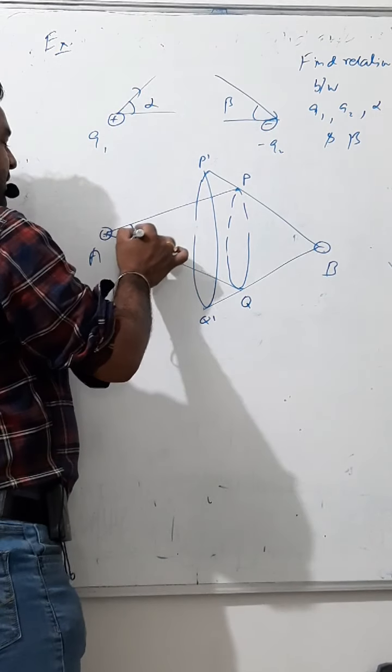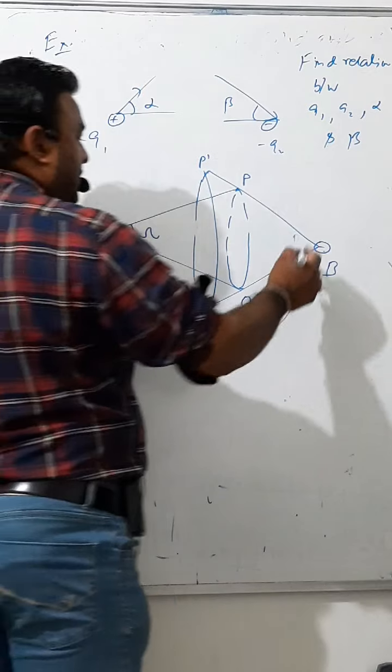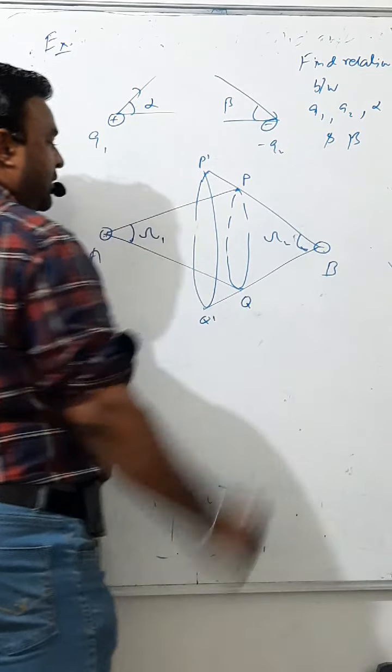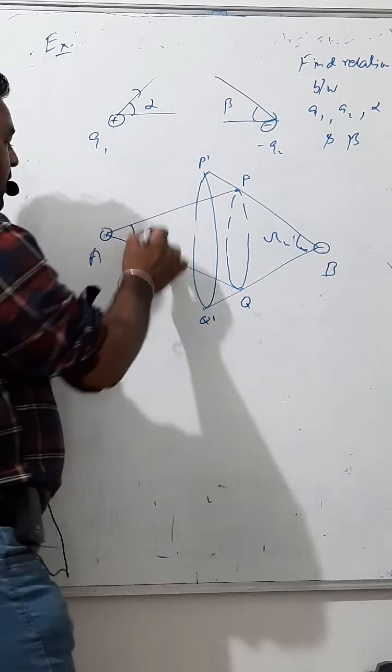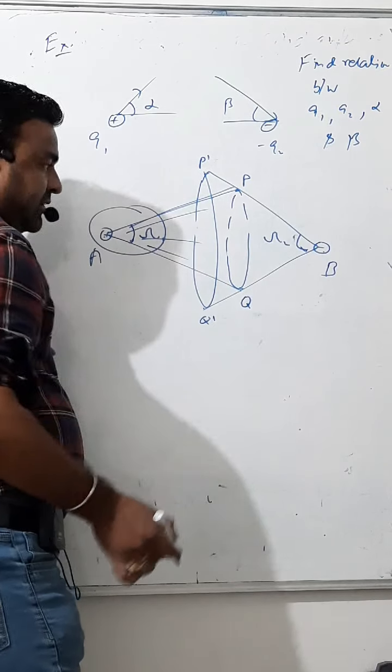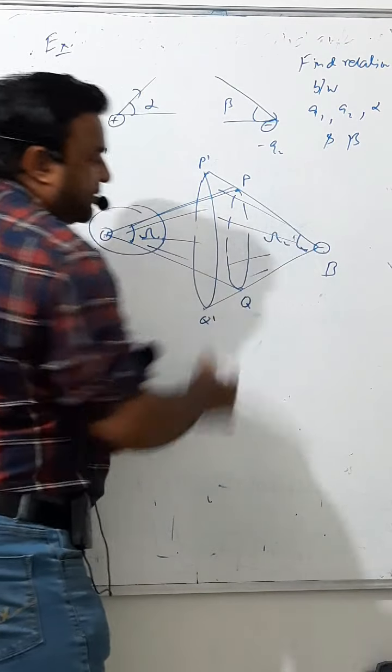Now its solid angle is, suppose, omega 1, and this one is omega 2. Now it will radiate the lines of force in this region, and it will accept in this region.